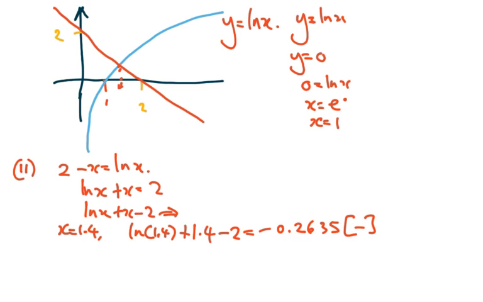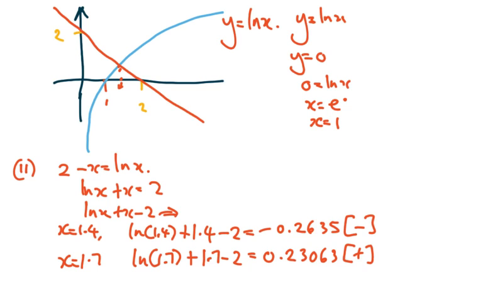Do the same thing when x equals 1.7: ln 1.7 plus 1.7 minus 2, and the value is positive 0.23063, and that's positive.